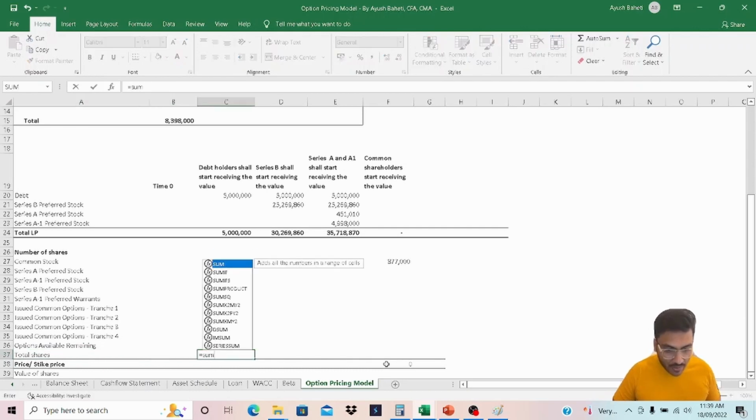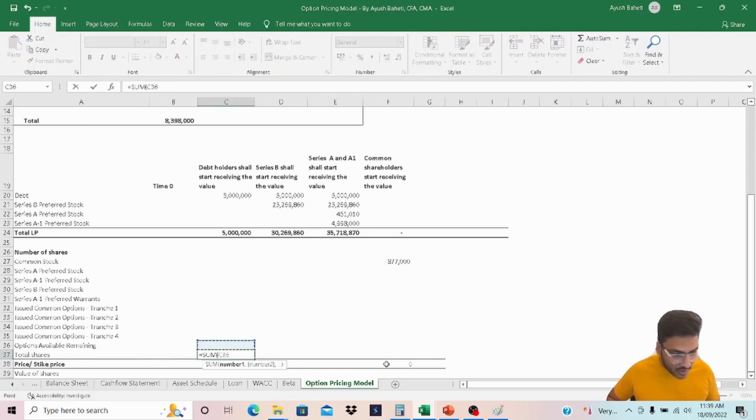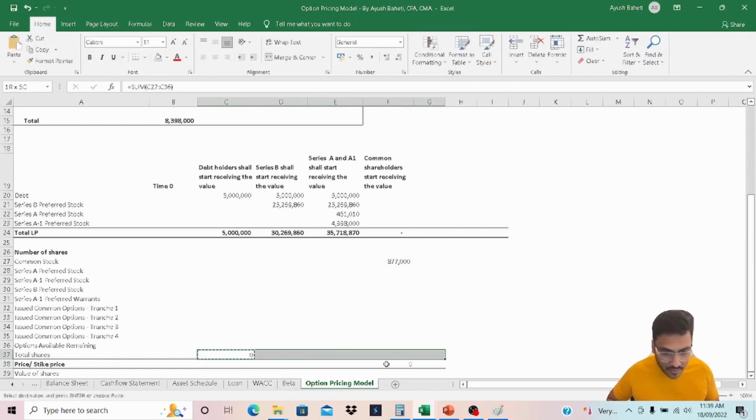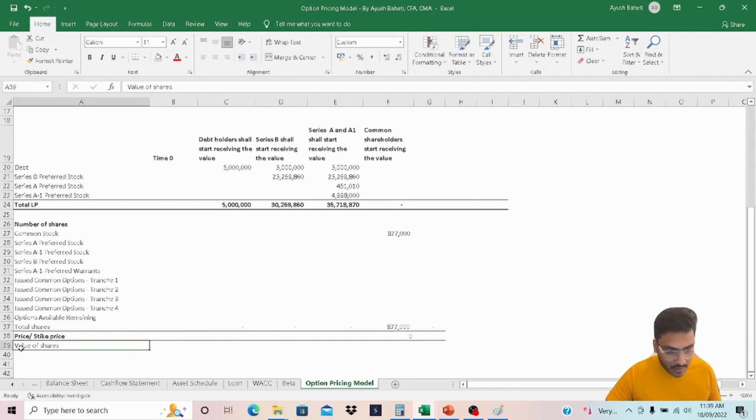So then we can calculate the cumulative value for all the shares. Okay, so total number of shares. And this is the value of shares.